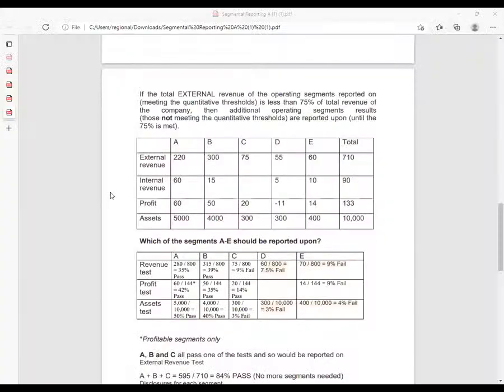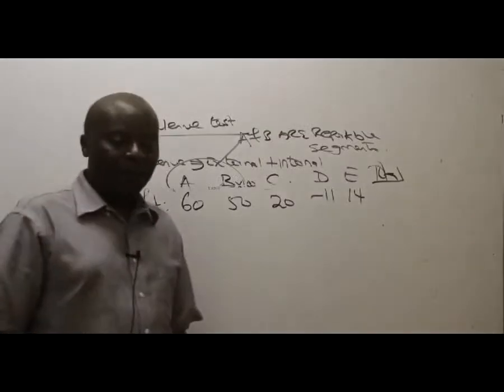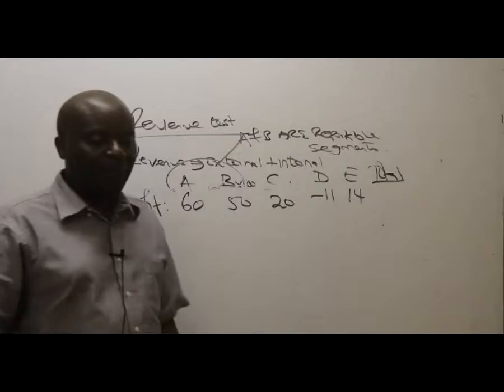We have 60, 50, 20, negative 11, and then E, we have 14. So could you kindly give me the total? Let me tell you what the junior accountant at your workplace will do.